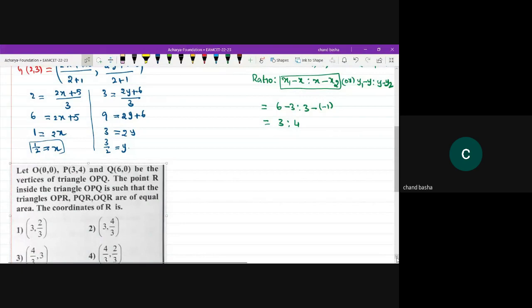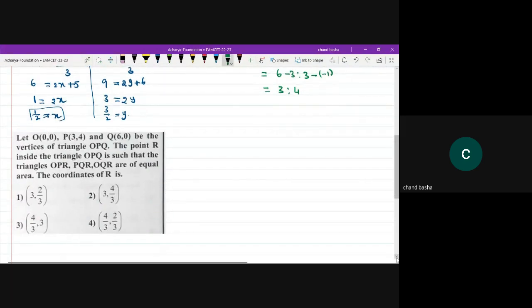Question number 4. O is the origin, and P and Q vertices are given to you. It forms a triangle. The point R inside the triangle OPQ is such that the triangles OPR, PQR, and OQR are of equal area. Then what will be the coordinates of R?